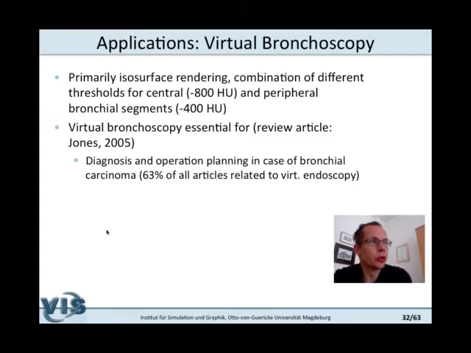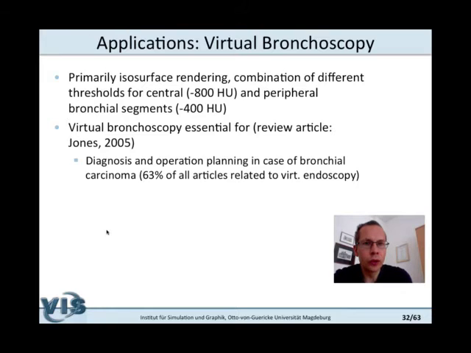The bronchial tree as an air-filled structure is easy to distinguish from other structures in a thorax CT dataset. However, there is of course a certain partial volume effect, that is this kind of averaging over the volume of a certain structure.